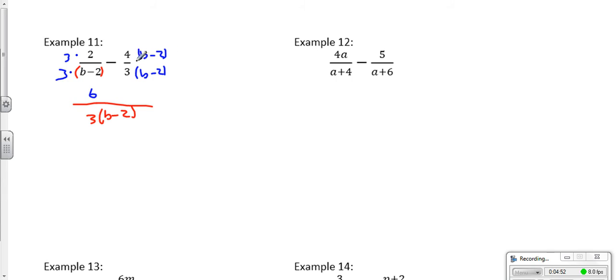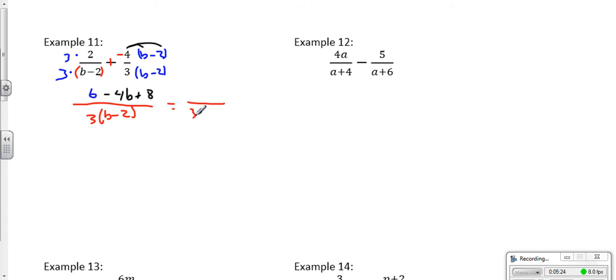Okay. Now, before I distribute the 4, because it's a binomial and you have to distribute, let's change this to, instead of subtraction, adding a negative. And that's important because that helps us realize that we are actually distributing a negative 4. So that would give us a negative 4b plus 8. So now we would finish by adding like terms.